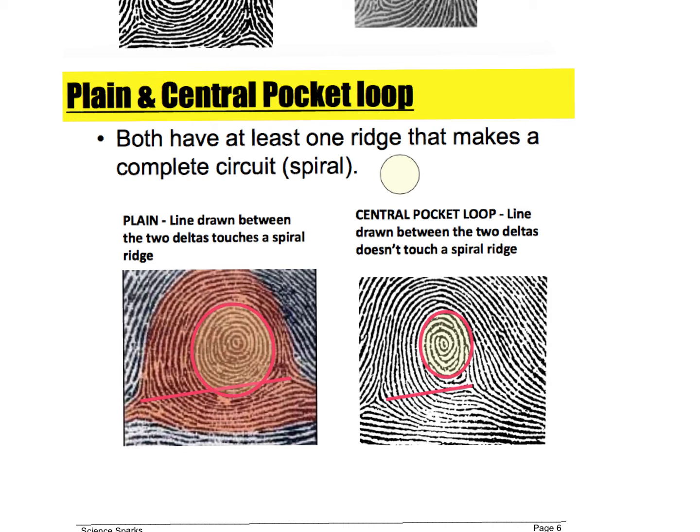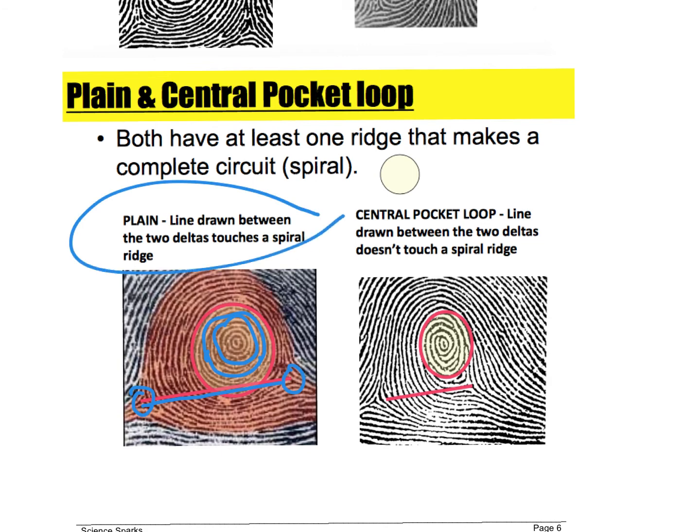So this is all your recurring inner pattern, recurring ridges, right? And then this is the delta, and you notice when they draw a connecting line, it actually cuts across one of the recurring ridges. So this is a plain whorl.